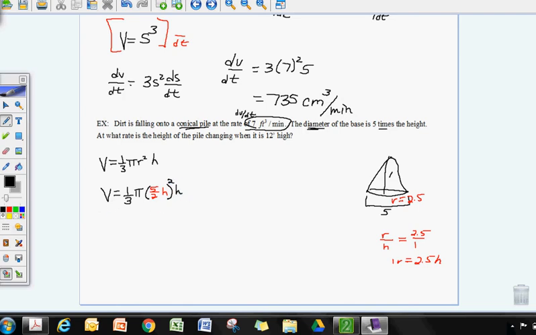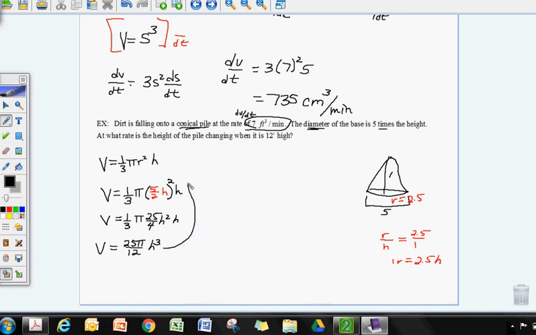I've been doing it mostly in my head, so I can take care of it, which means my volume would equal 1/3 pi times 25/4 h squared times h, which gives me a final formula of V equals, combining the fractions, 25 pi over 12, that made my coefficient, h cubed. Okay, so there's my formula in h.